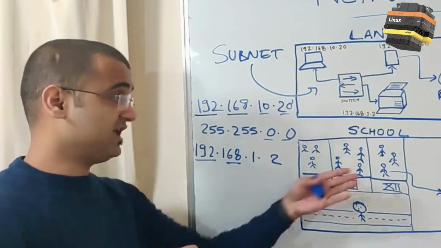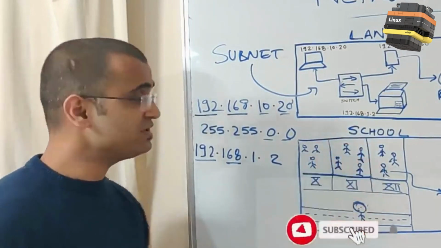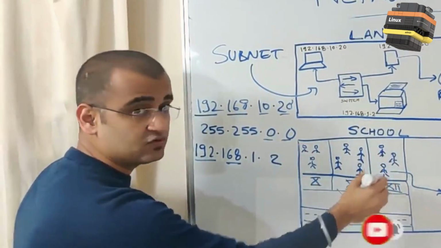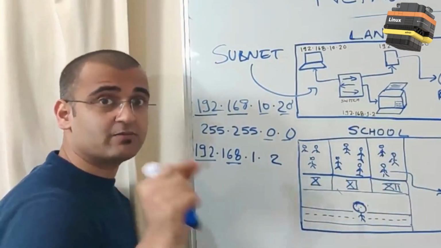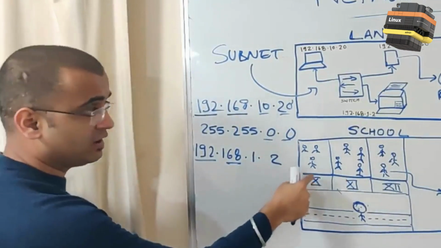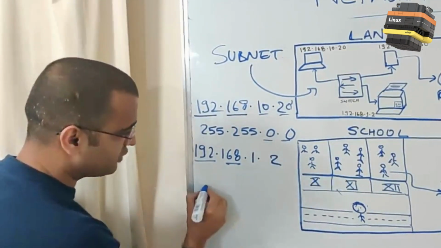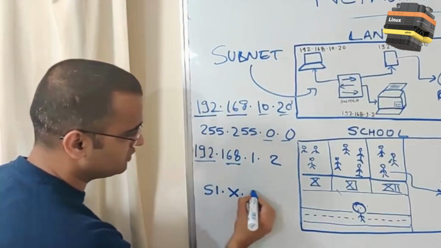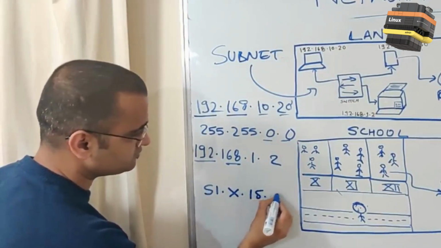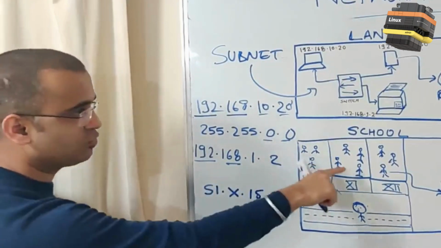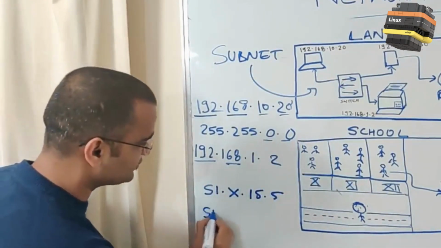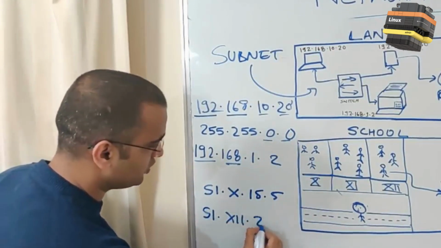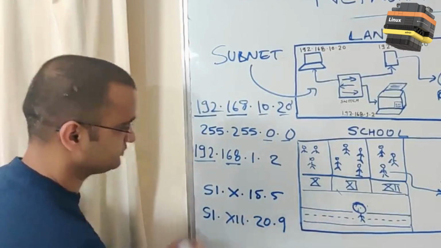And if you want to correlate with a school example, then from the roll number of one student and the roll number of another student we can identify whether they belong to the same school. So a student of class 10th can have a roll number like S1.10.15.5, where S1 denotes the school, and the roll number of a 12th class student could be S1.12.20.9.